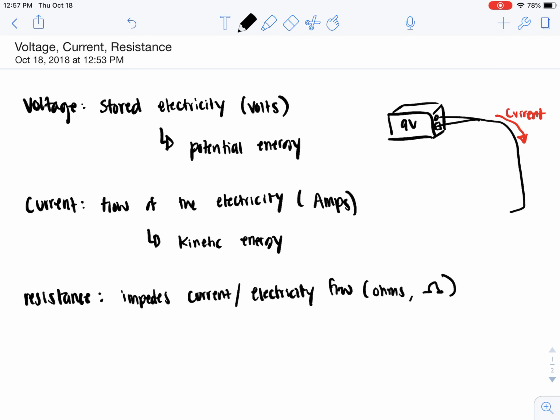So resistance resists that flowing electricity. And a lot of times you would want to do that because you don't want things that are, in simplest terms, too strong for whatever it's trying to power. So one way of drawing resistors in the circuit is actually like this. So kind of like an EKG line or just some hard squiggly lines. This is essentially the resistor.